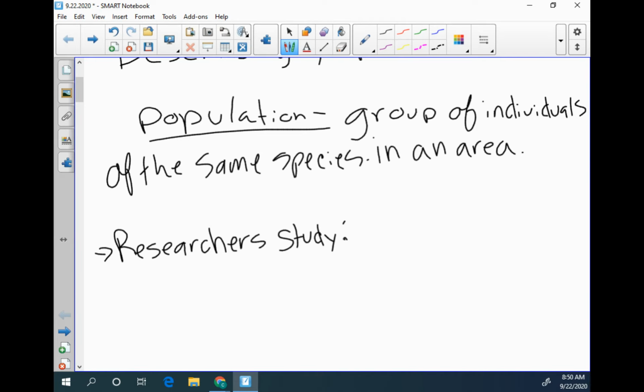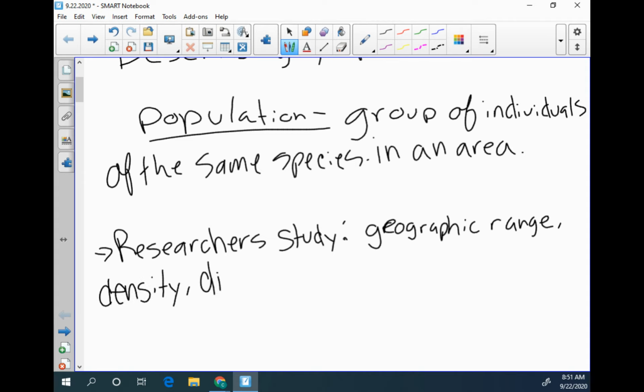When researchers study populations, they look for the population's geographic range, so where they live, the population density, so how close they are together, their distribution, so how they are arranged in their space, their growth rate, how fast they are growing or shrinking, and age structure.